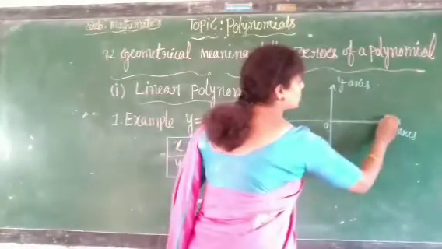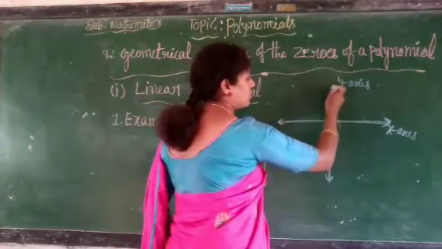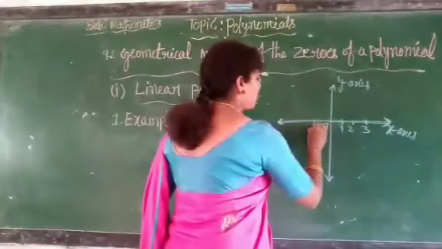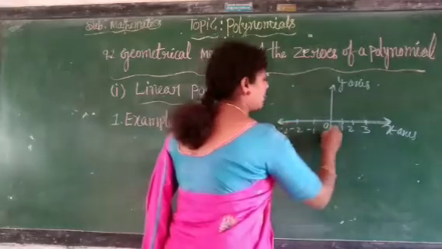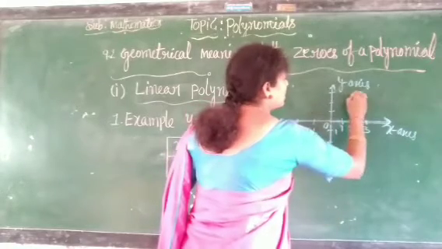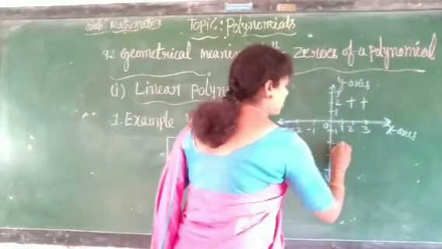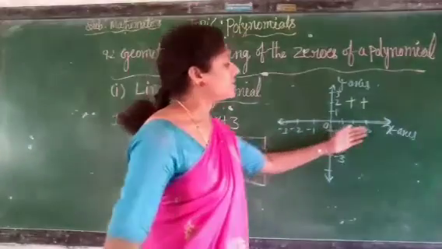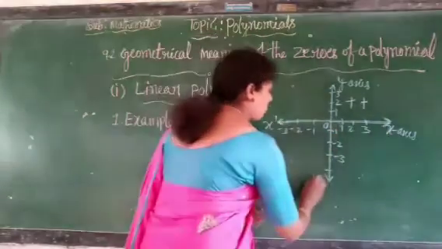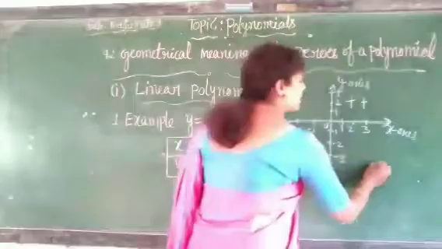These are the positive values, these are the negative values: 1, 2, 3, minus 1, minus 2, minus 3. This is the x-axis, X'OX, and the y-axis, Y'OY. The O is called the origin, 0, 0.